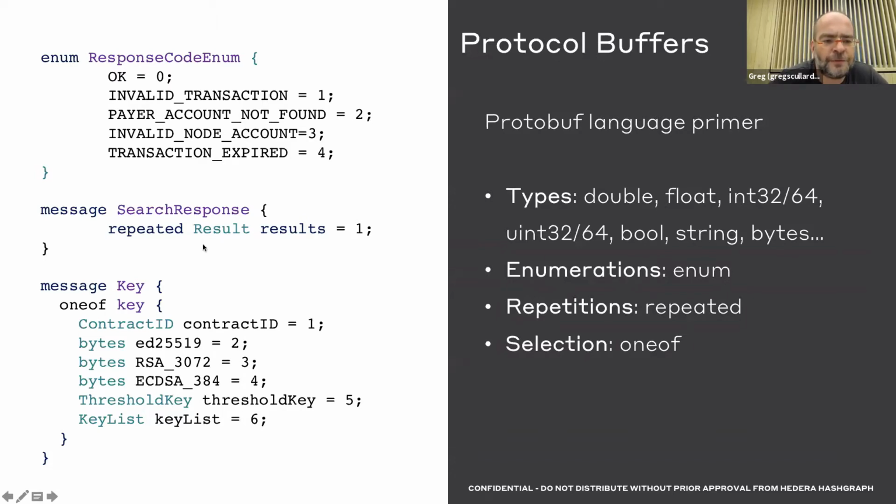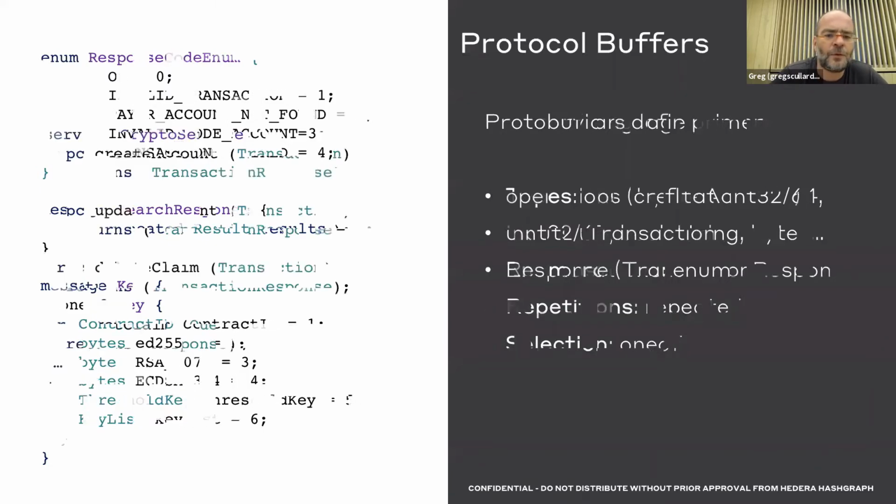That infers that the result message can be repeated within that response. And also selection, one of, meaning that a key, for example, is one of a contract ID, an ED25519, RSA, ECDSA, threshold, or key list. So quite a lot of flexibility within the message definitions here.